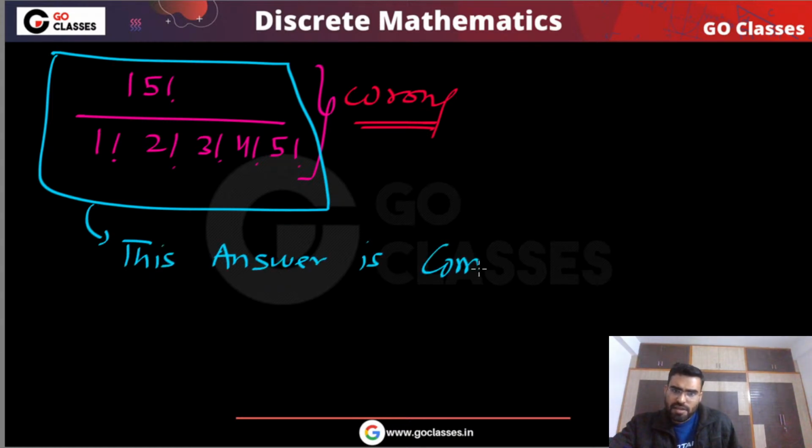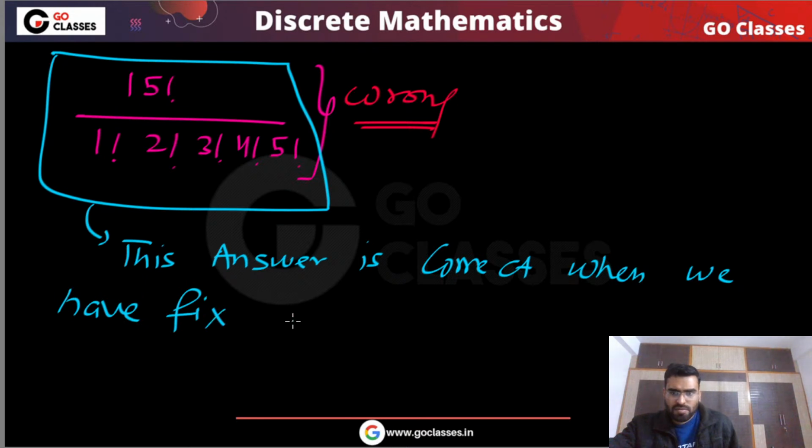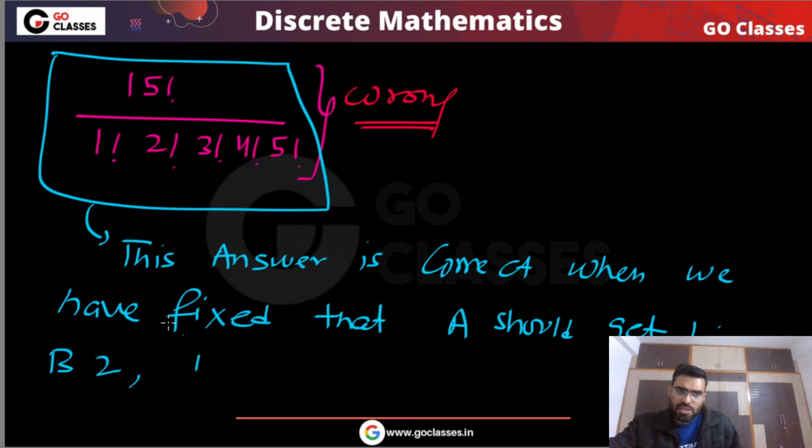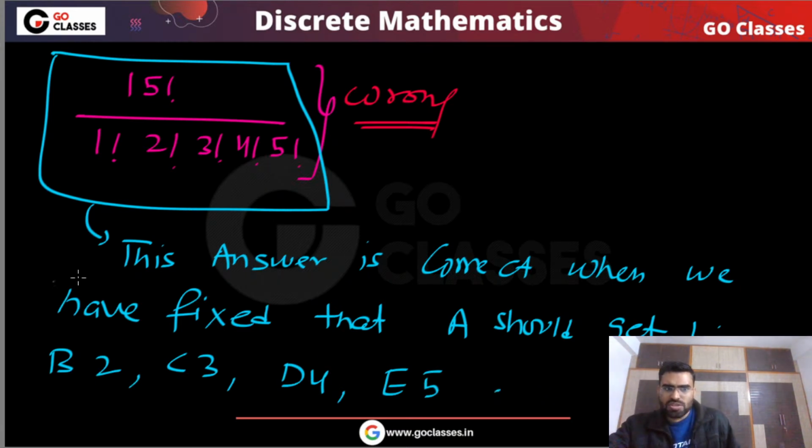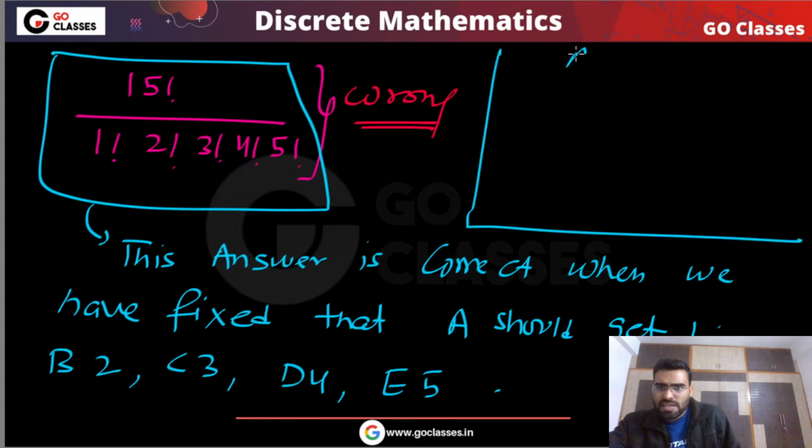This answer is correct when we have fixed that A should get 1, B should get 2, C should get 3, D should get 4, and E should get 5.